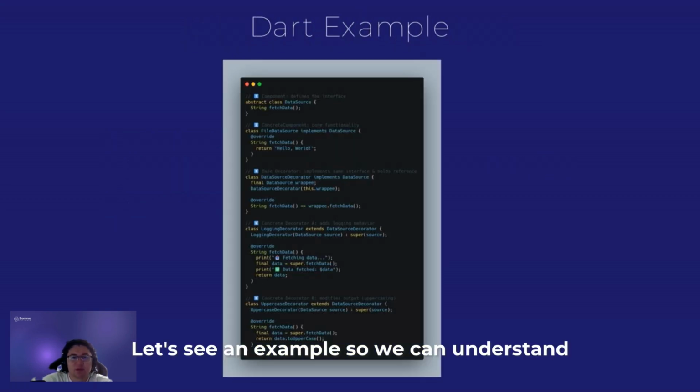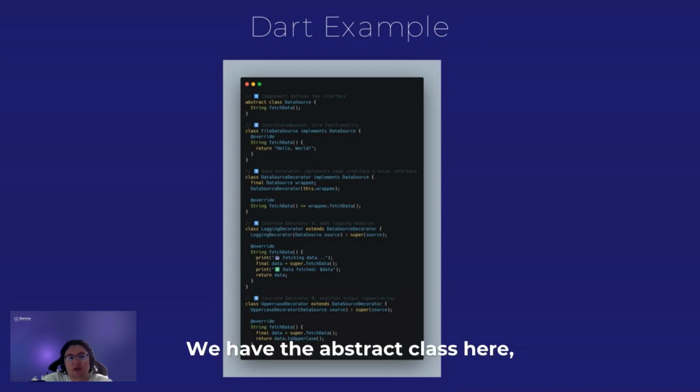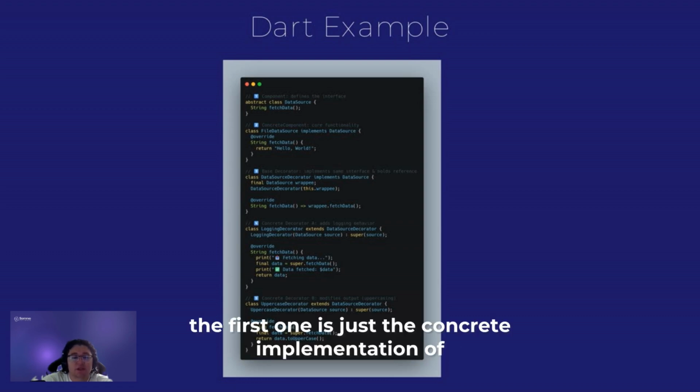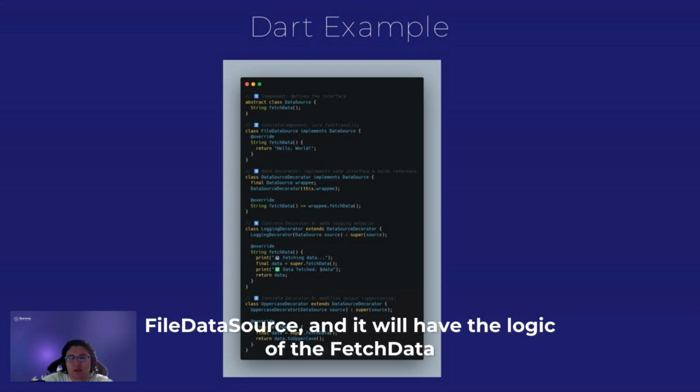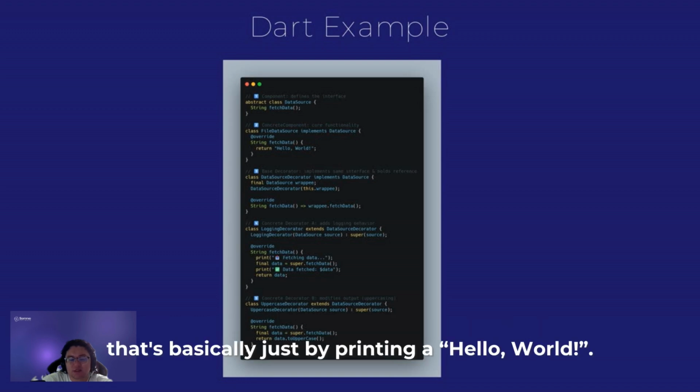Let's see it in the example so we can understand better how it works. We have the abstract class here, the data source, that only has one function, which is fetch data. We have other classes. The first one is just the concrete implementation of that abstract class. It's called a file data source, and it will have the logic of the fetch data. That's basically just printing a hello world.